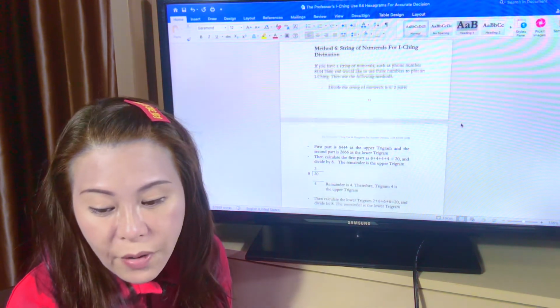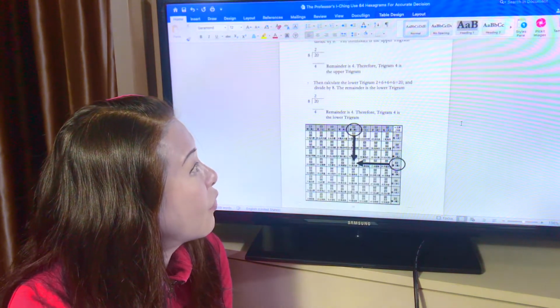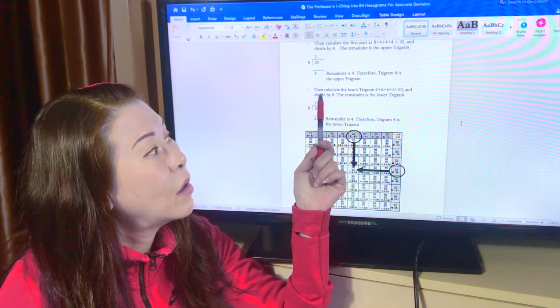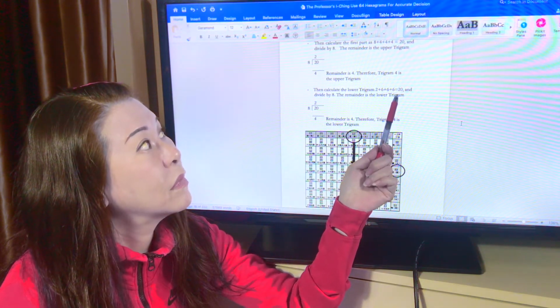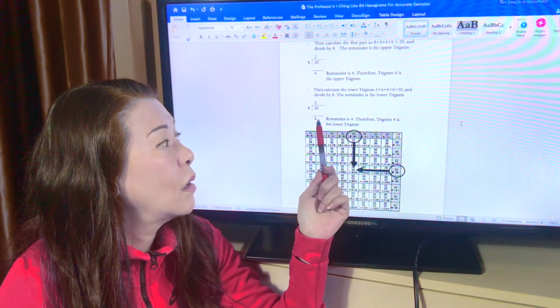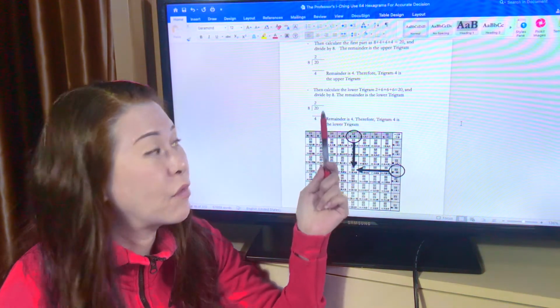Same for the lower trigram. For the lower trigram, you add up the second part of the number. Again, I get 20, and the remainder is always the trigram, not the quotient, the remainder.